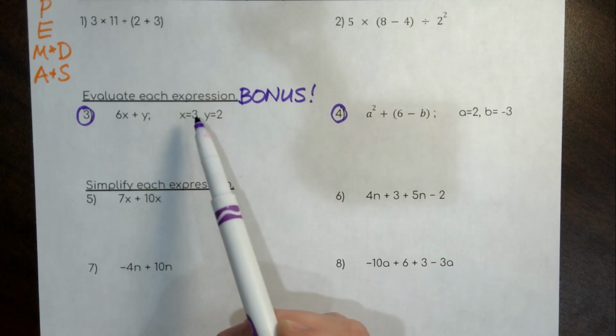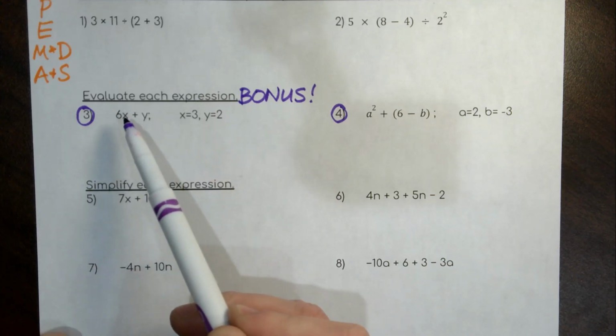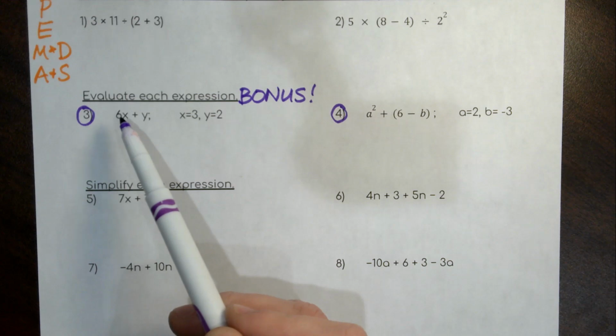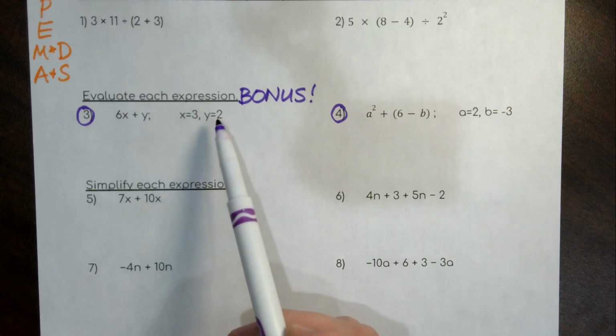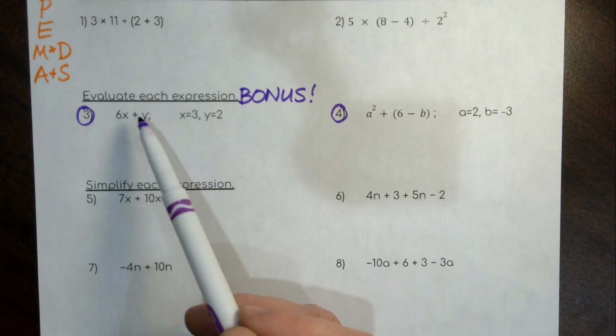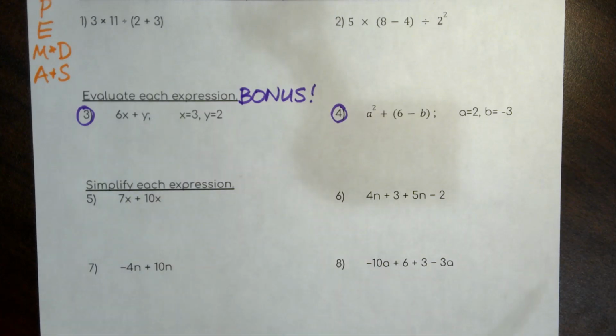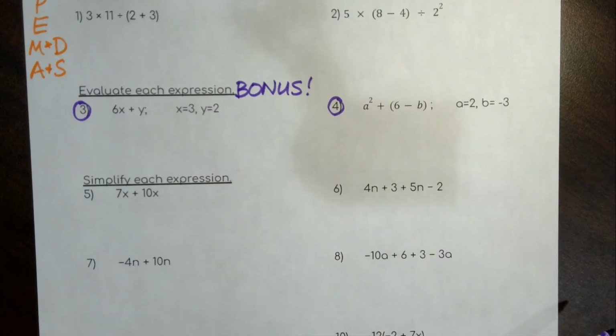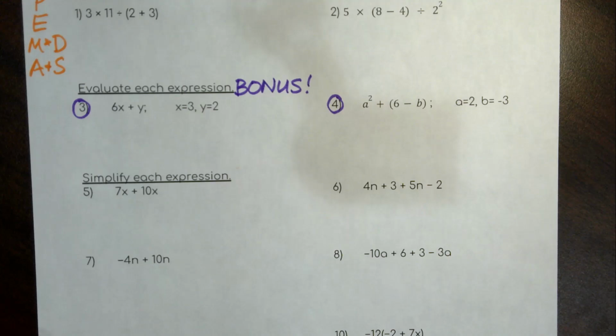X is 3, so we know we're going to be doing 6 times 3. Then our y is 2, so we're going to be taking that answer and adding 2 to it. And that's all we're doing. And we're going to go over that a little more in depth here in a minute. Let's just continue on kind of outlining the quiz so that we know what to expect.